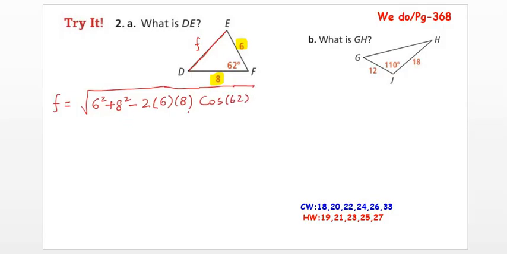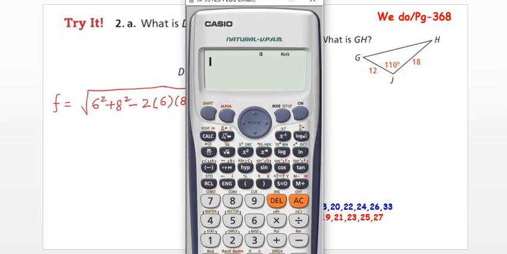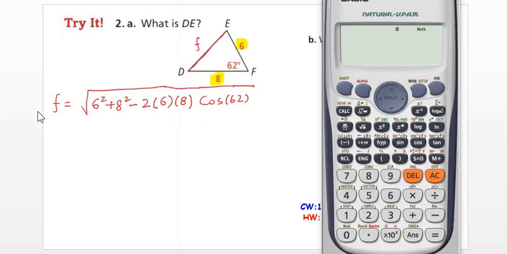So you will put all of it together on the calculator. Let me show you in the first question how you will put it on the calculator. So let's put the values into the first. You will press the square root sign. Then we have to write 6 squared plus 8 squared minus 2 times it's 6, and then close the bracket, and then we have next 8 times cos it's 62, and then also close the bracket in the end and just press is equal to.